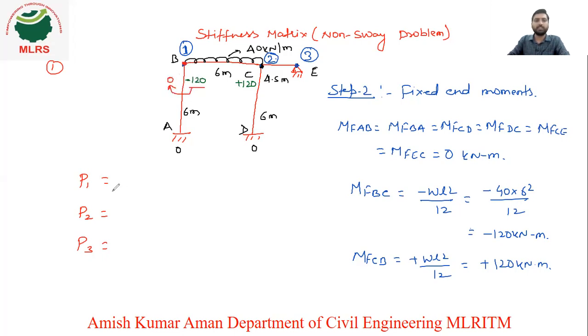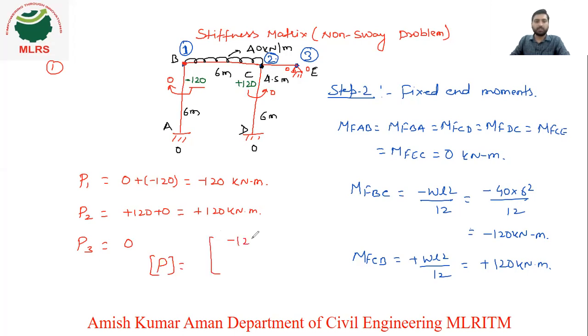So 0 plus minus 120, it will be minus 120 kilonewton meter. Now P2 is plus 120 and here nothing is there, so plus 120 plus 0, which is equal to plus 120 kilonewton meter. Now P3 at this point, on right nothing is there, on left nothing is there, no moment is there. So P3 is simply 0. So we have found our P matrix, which is minus 120, 120 and 0. This is our P matrix, right?